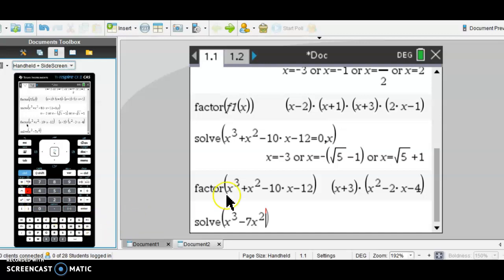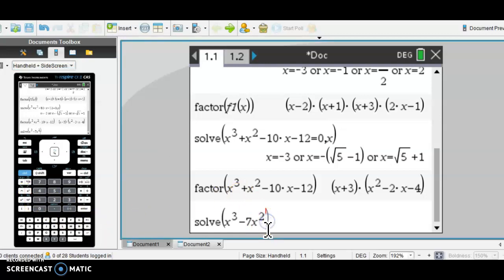Oh, gee, I'm not catching it. Try again. Plus 7x plus 15.